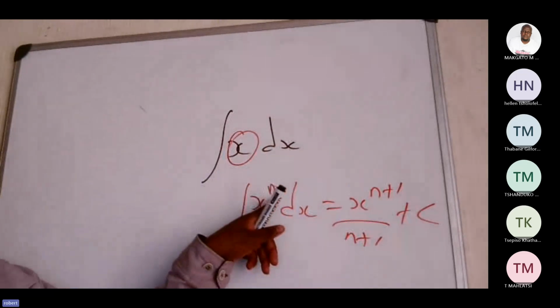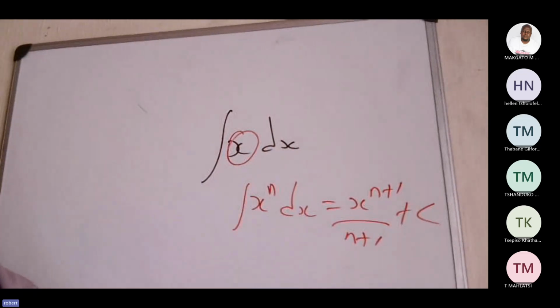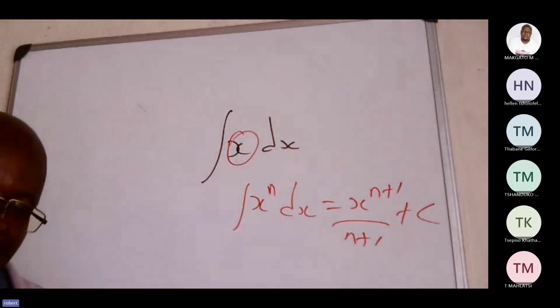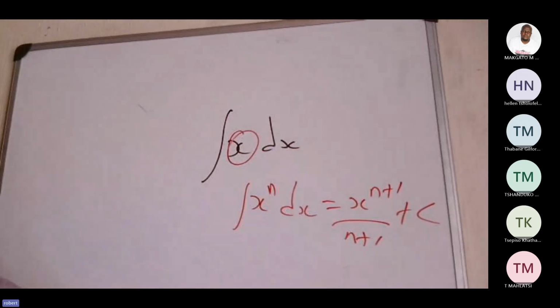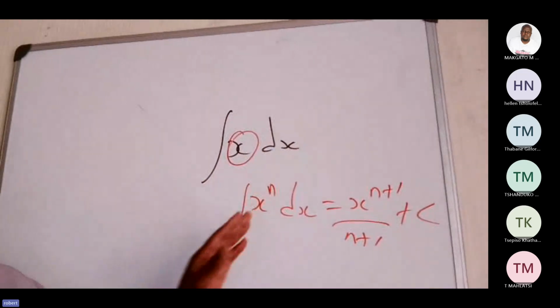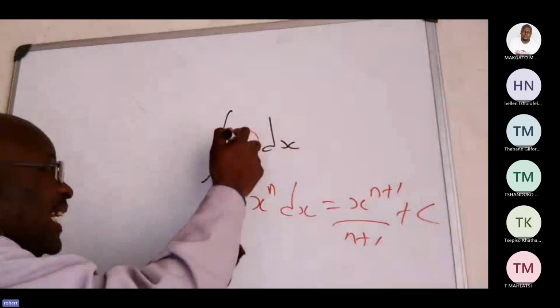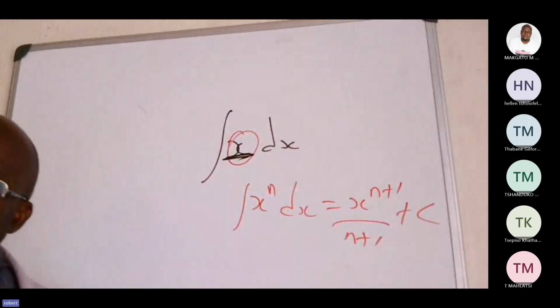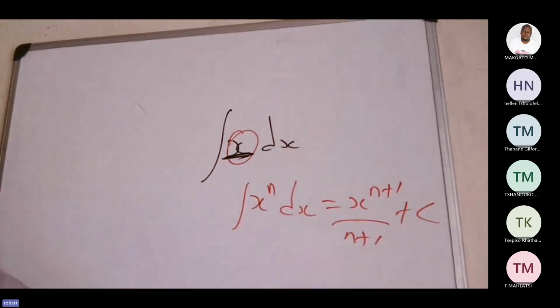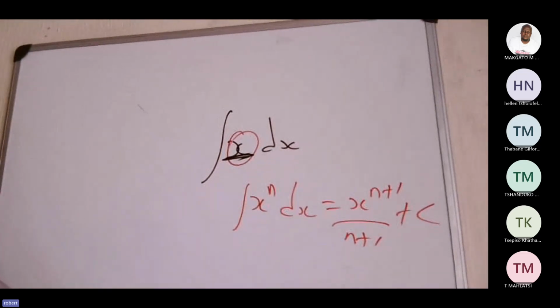If n is -1, then it will be ln, which is standard. You can integrate it. And we have said again that there are those other integrands which are not straightforward to integrate.